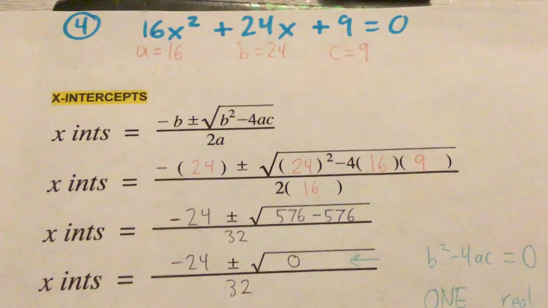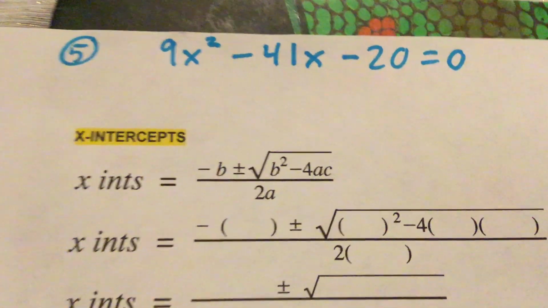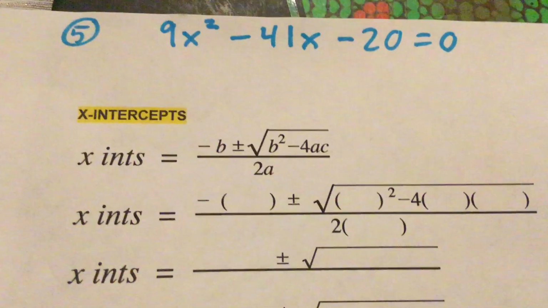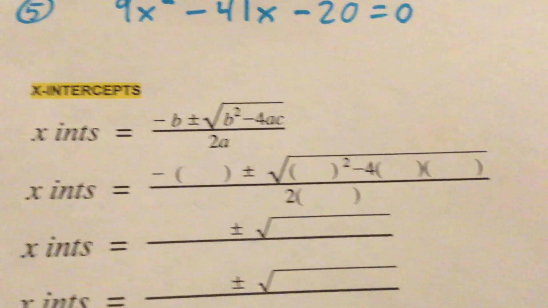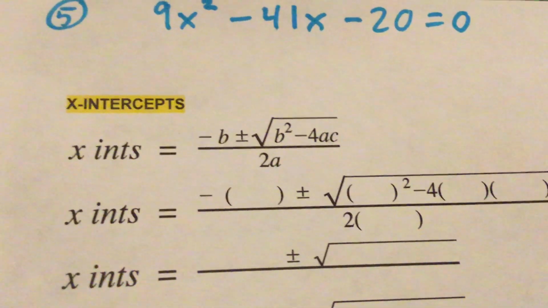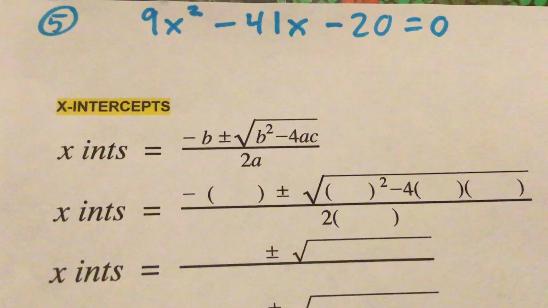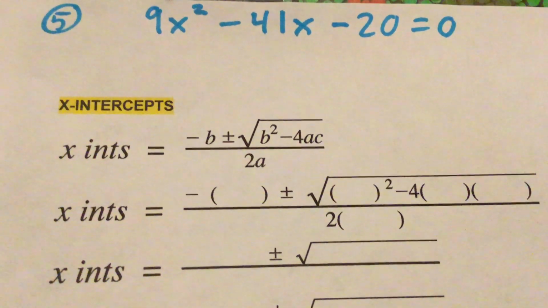Okay, 2 more problems. Let's go. 9x squared minus 41x minus 20 is equal to 0. So I could factor, you know, what two numbers multiply to negative 180 and add to negative 41?